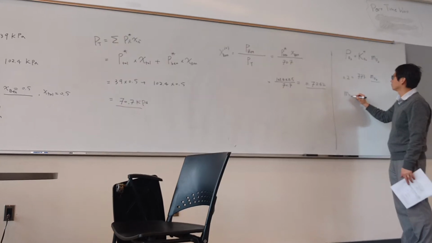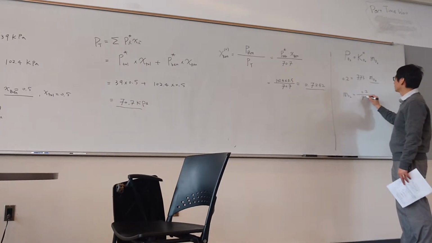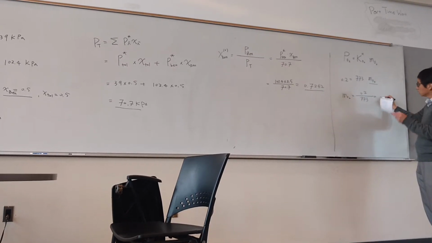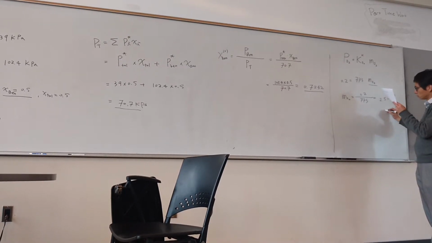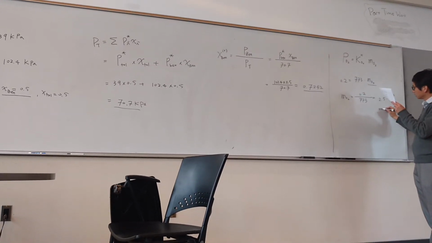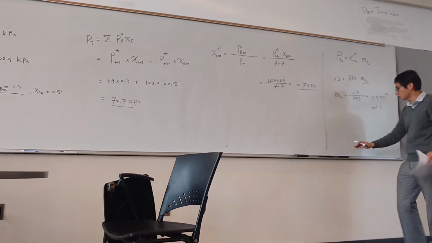So your MO2 is 0.2 divided by 773, which gives a number around 2.5 times 10 to the negative 4. The unit will be moles per kilogram of water.